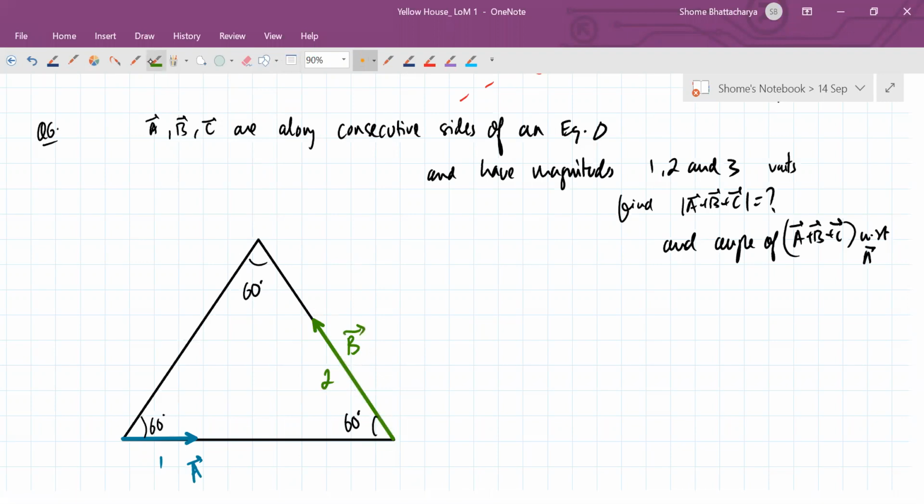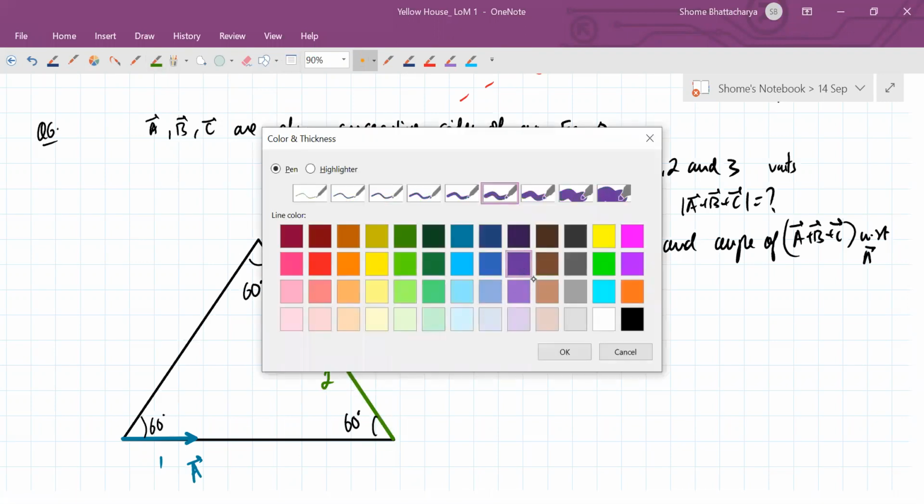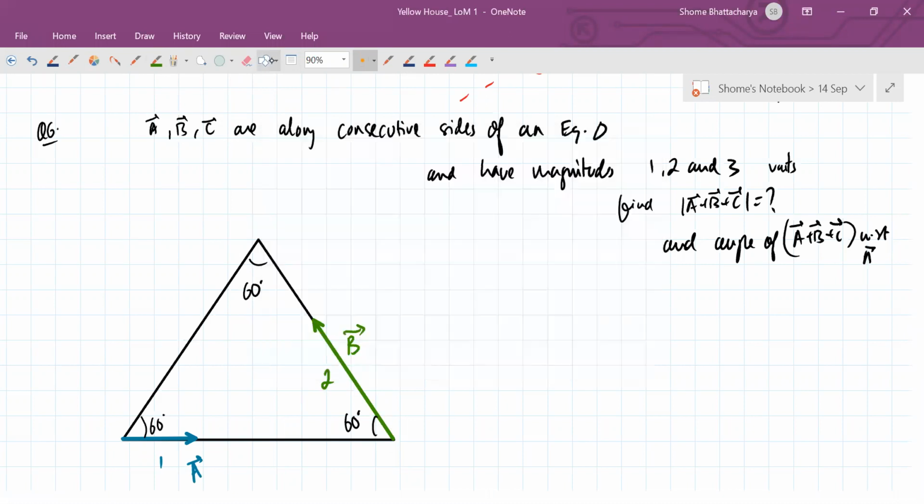So B is a vector like this. And now similarly C is a vector that looks like this. C का magnitude अब 3 हो गया. It's the longest of the three, but it's like this. Okay.